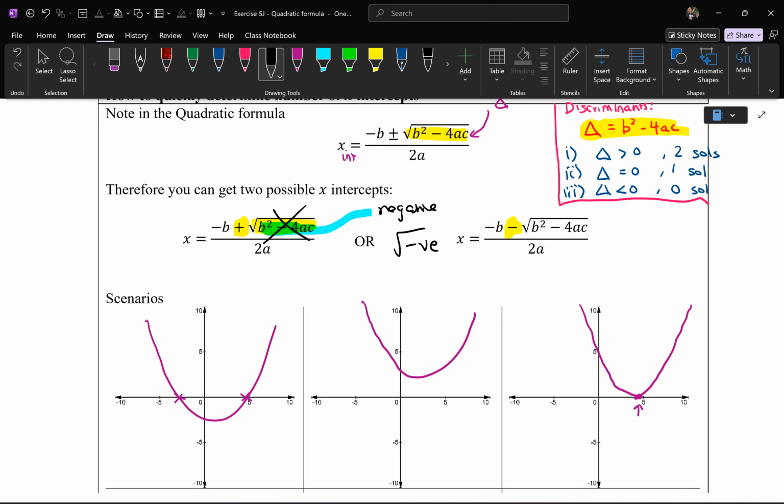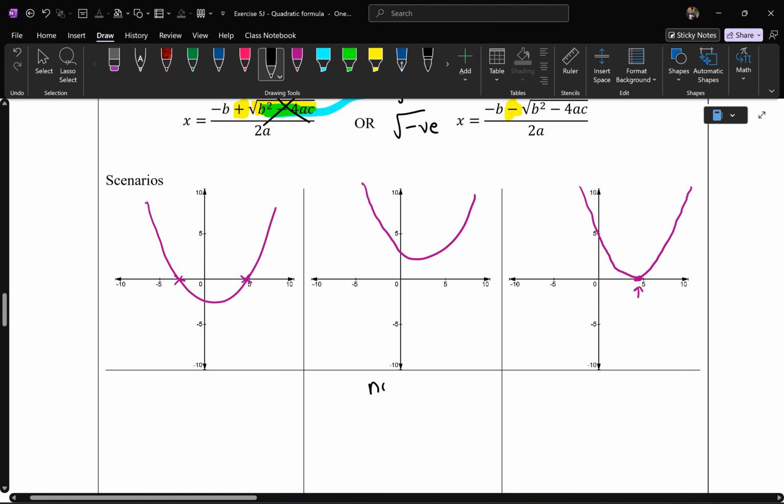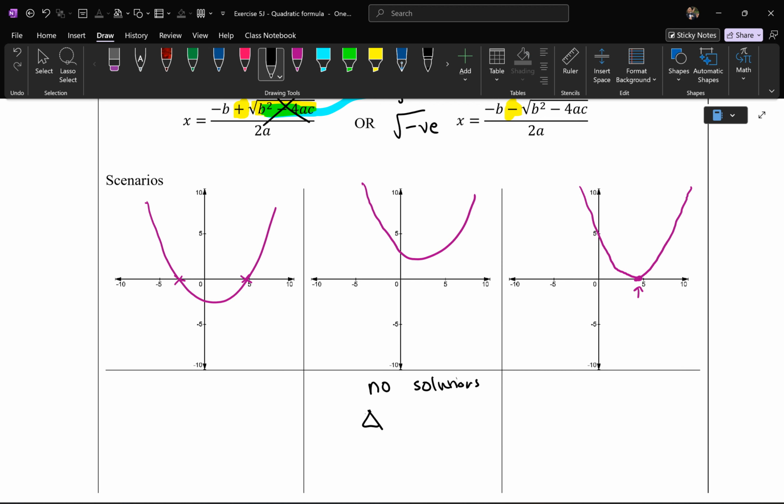But it doesn't mean you've done anything wrong. It just means maybe there is no x-intercept. That's why you can't solve it. So that's why they say, for this scenario, no solutions. That occurs when the discriminant, which is the b squared minus 4ac, or whatever you're square rooting, is less than 0. But less than 0 just means negative, doesn't it? So they're just telling you, if you square root and it's a negative number, of course you can't square root it.